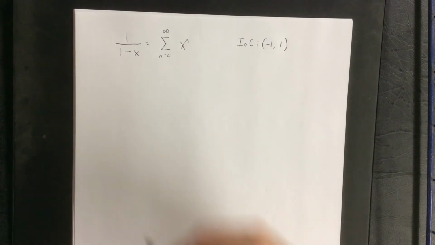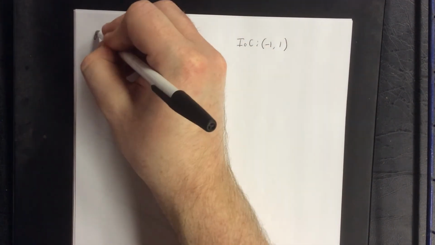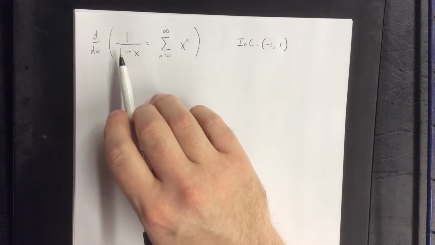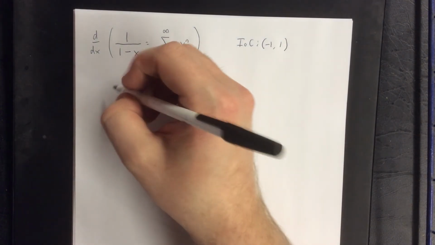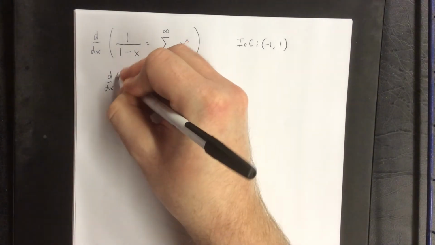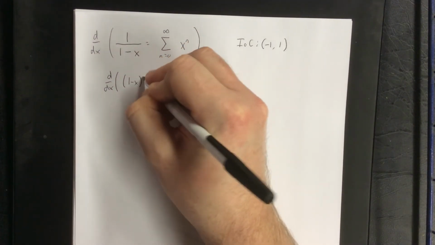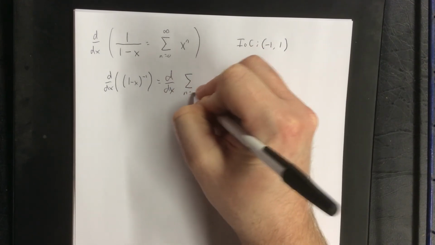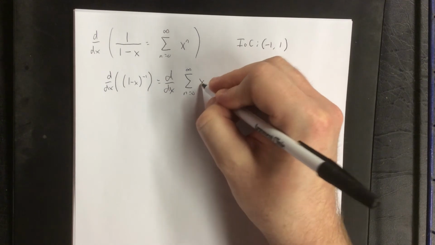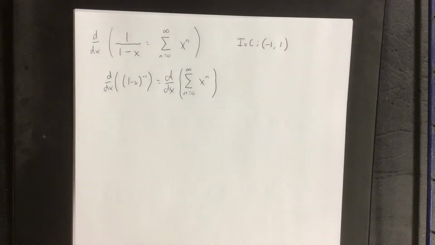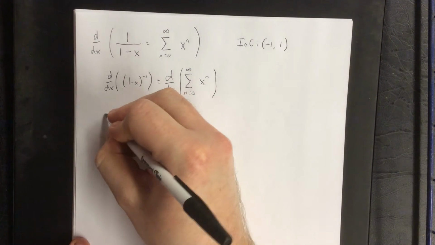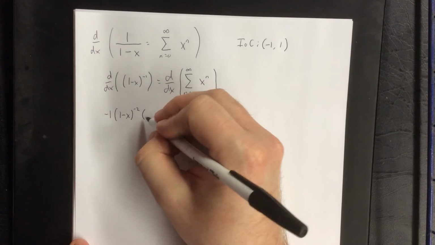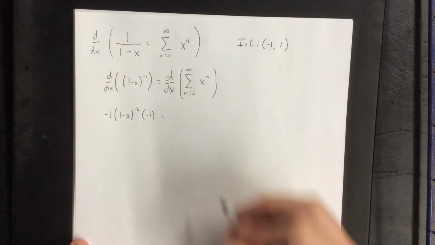If I were to take a derivative of both sides, you can either apply the quotient rule here, or think of this as 1 minus x raised to the negative 1 power. I think I'll go with the negative 1 power. Differentiating the negative 1 power will be negative 1 times that quantity to the negative 2 power times the derivative of the inside. That'll be an extra factor of negative 1.